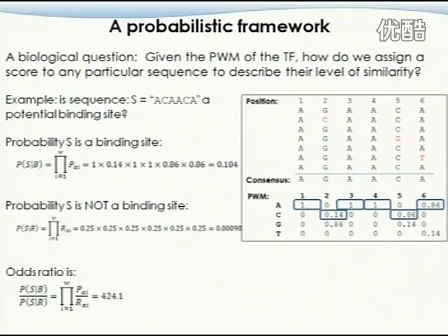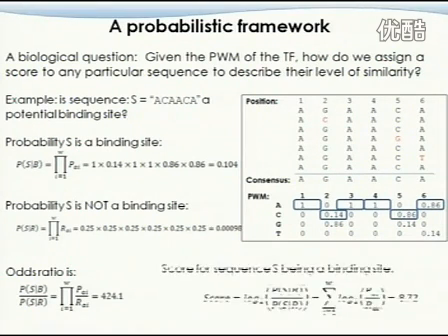Then you want to calculate the odds ratio of being a binding site versus not a binding site, so you divide these two, and you find this is 400 times more likely to be a binding site than not. And then what people do is assign a score, which is log 2 of this odds ratio, which is 8.72.